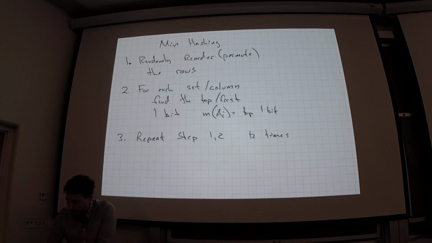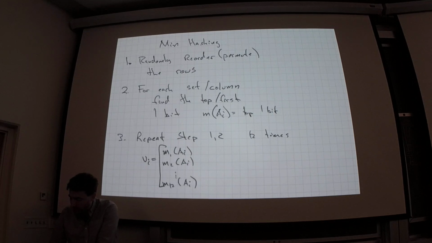Let's call this Vi, a vector of m1 of Ai, m2 of Ai, up to mk of Ai. Each element of this vector is going to be the combination of steps 1 and 2.